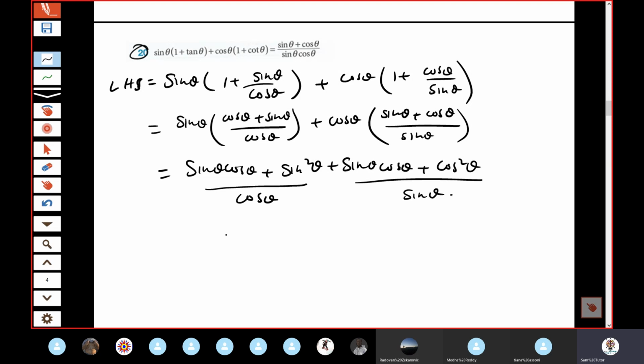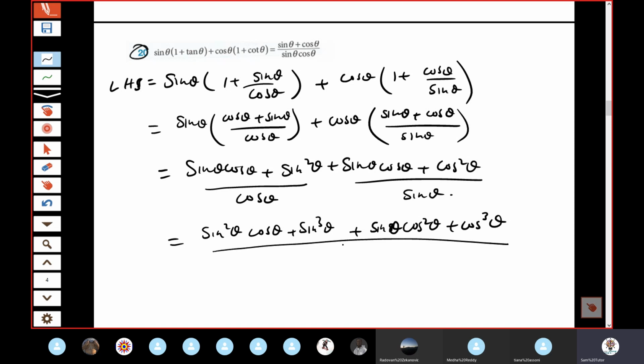So again, common denominator, I get sine squared cos theta plus sine cubed, right? This times this. This times this gives you sine theta cos squared plus cos cubed on sine theta cos theta. Now you're hoping for the top to become sine plus cos theta.